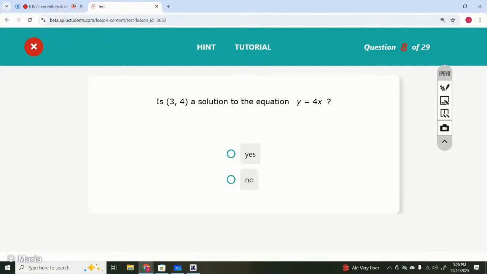Is (3, 4) a solution to the equation y equals 4x? The correct option is no, they are not equal.